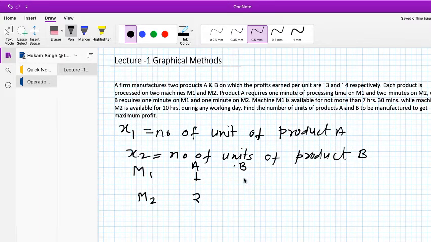While B requires 1 minute on M1 and 1 minute on M2. The total time available on machine M1 is 7.5 hours, and the time available on M2 is 10 hours.